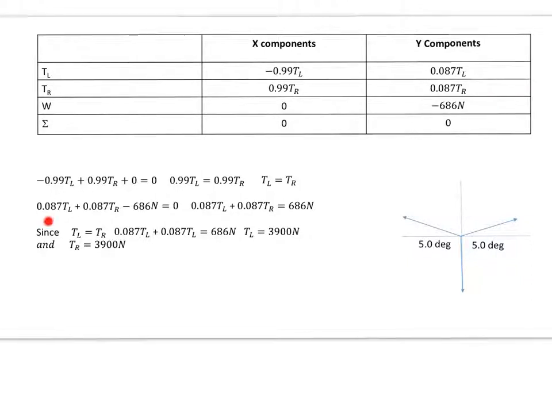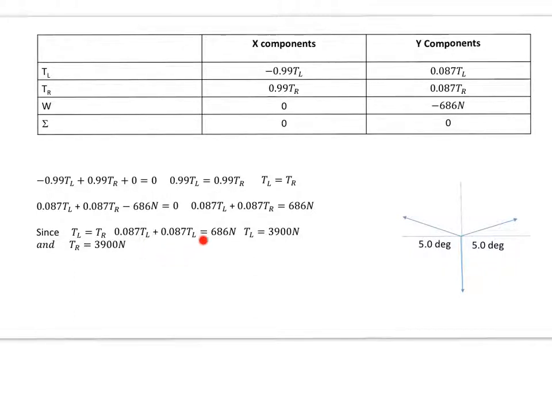So we have 0.087 TL plus 0.087 TR minus 686 newtons equals 0, or 0.087 TL plus 0.087 TR equals 686. But since TL and TR are equal to each other, we can just substitute TL for TR.